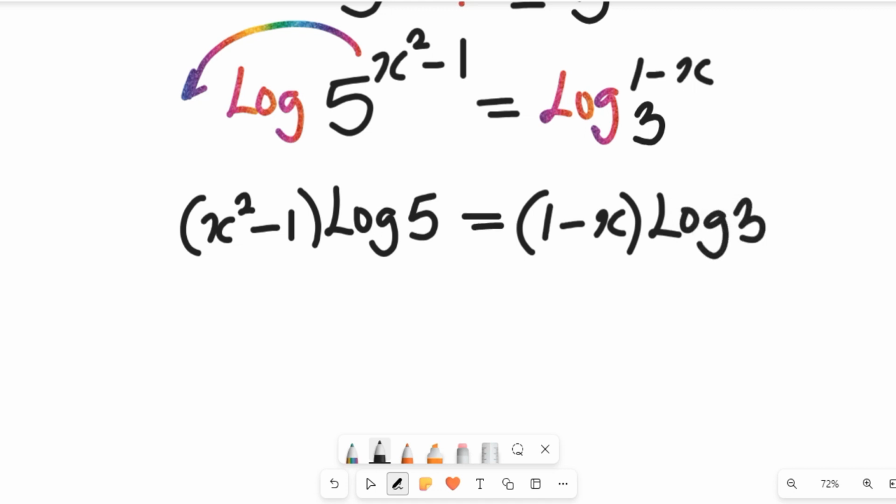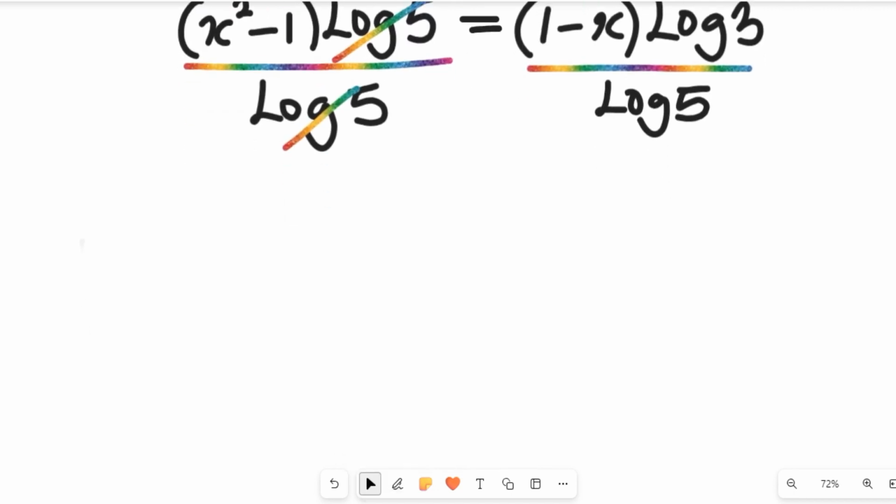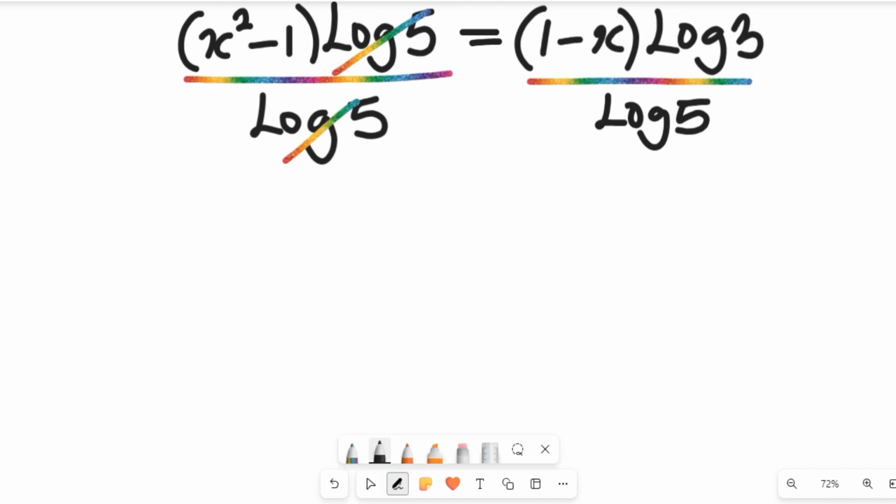Now, in order to find the value of x, we're going to divide both sides by what? We'll divide both sides by the log of 5. If we divide both sides by the log of 5, the log of 5 will clear the log of 5, and on the left hand side, we'll be left with x squared minus 1.